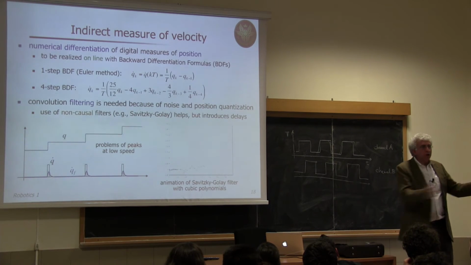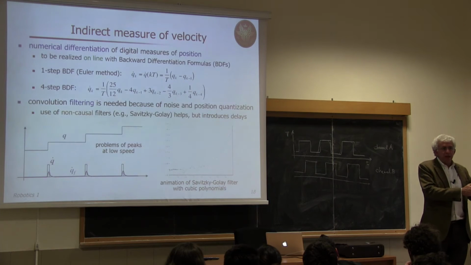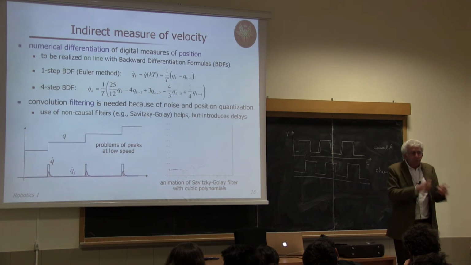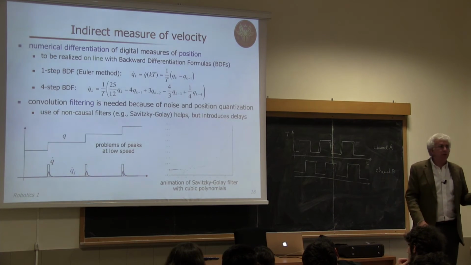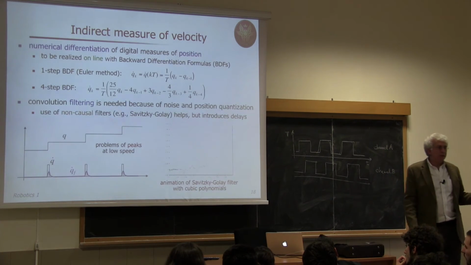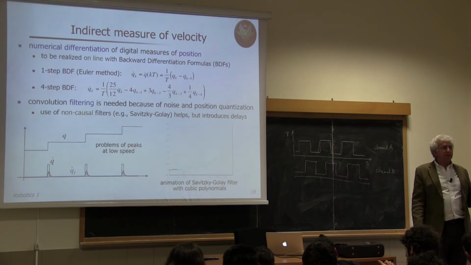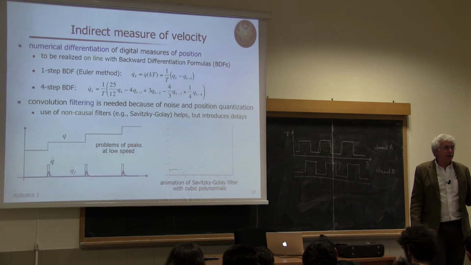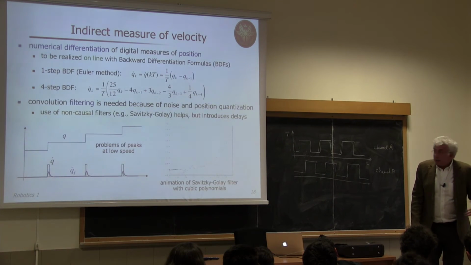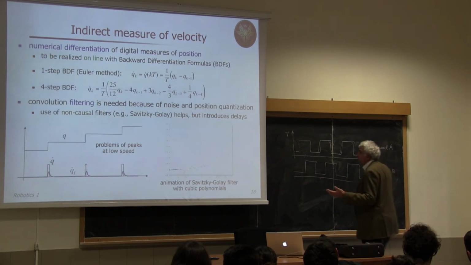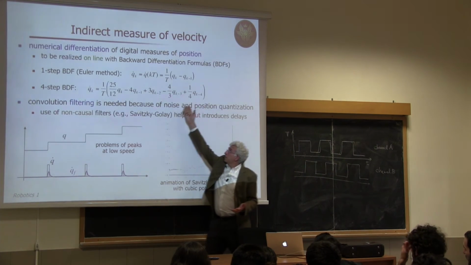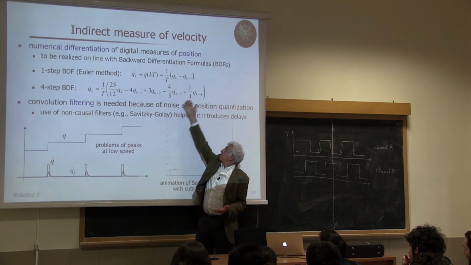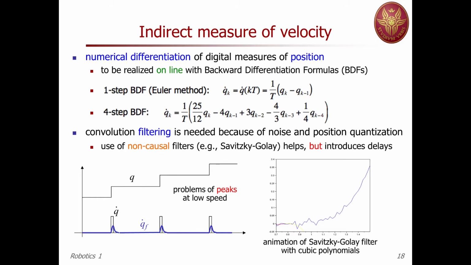So if you store a whole position profile, and then offline you process it in order to understand a posteriori what the velocity evolution was, you can do a much better job than doing things online. Unfortunately, most of the time you need this information online. But still, sometimes it's convenient to use other types of digital filters. This is actually a digital filter. Also, the Euler formula is a digital filter.